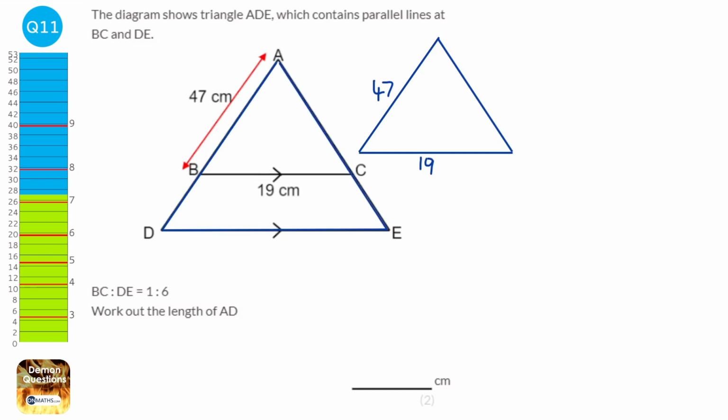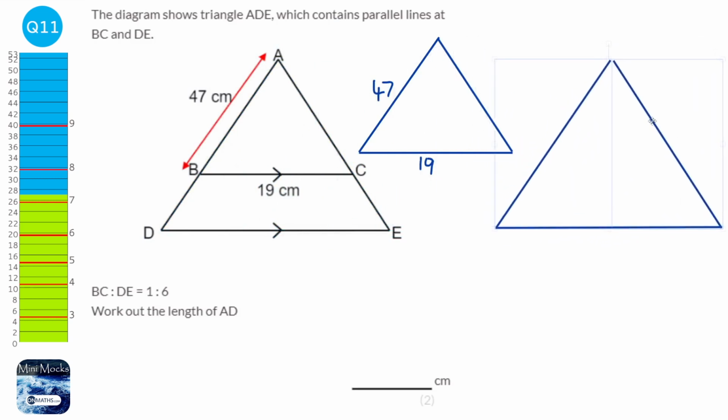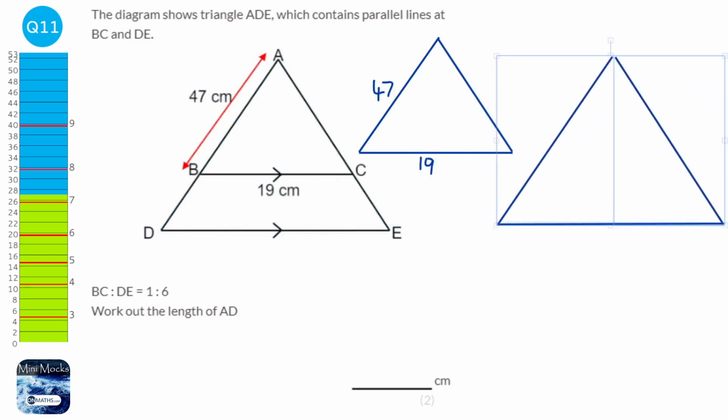And we don't really know what any of the sides are just yet, but we can work them out. Okay, now we know that both of these triangles are similar, and the reason is they share an angle and the lengths at the bottom are parallel, so they will be similar, which means one's an enlargement of the other.